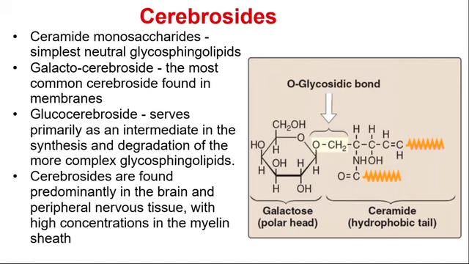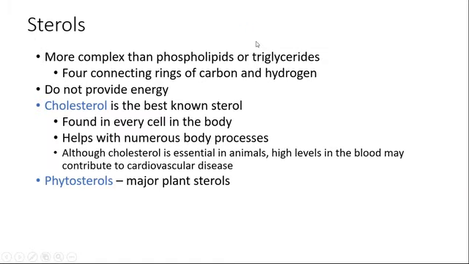They are also known as glycosphingolipids because here you have sphingosine and here you have a sugar on this. The name itself, cerebroside, suggests that it is in the cerebrum or brain, and so you find them mainly in the brain.